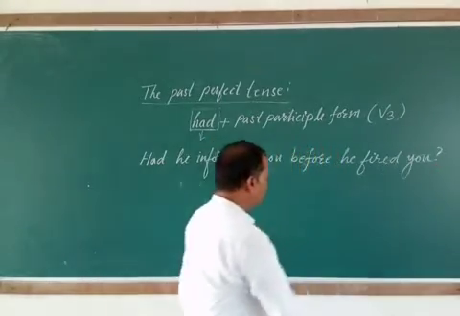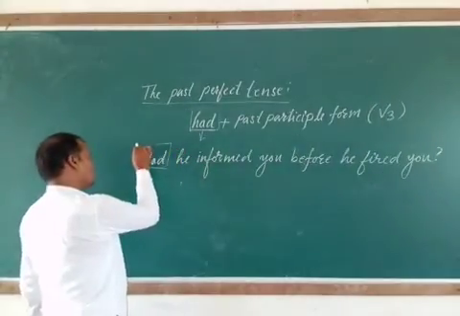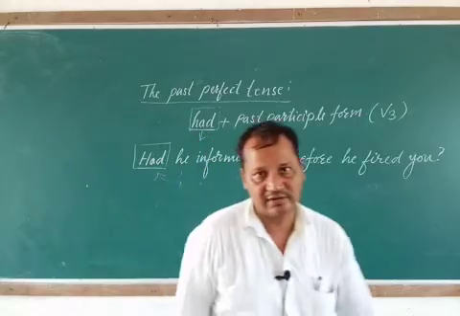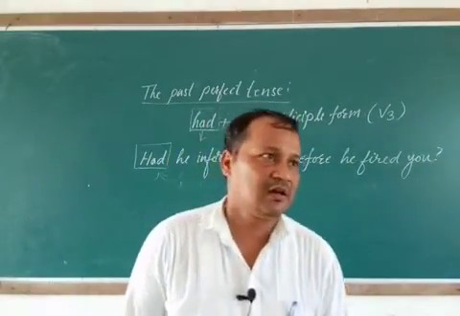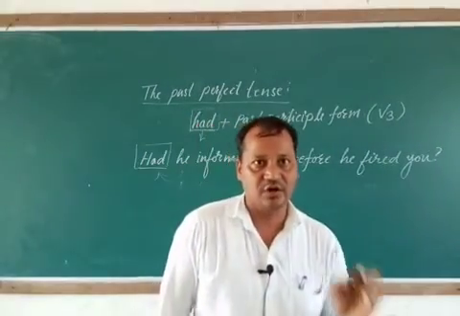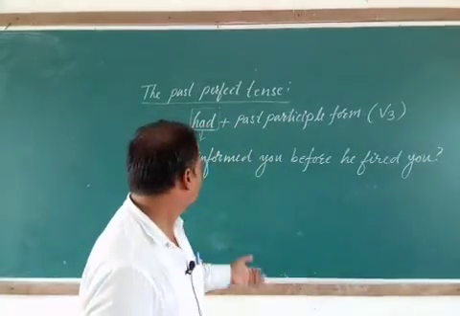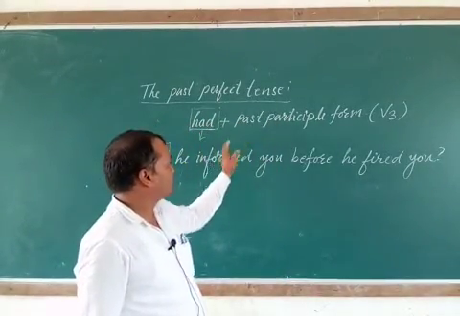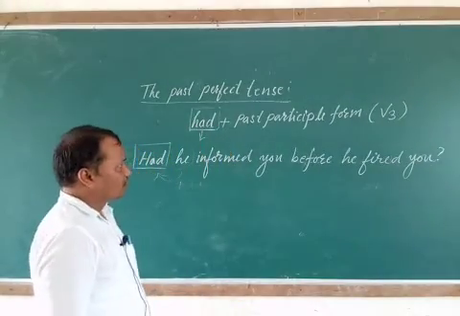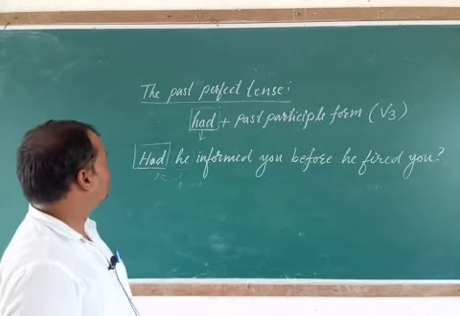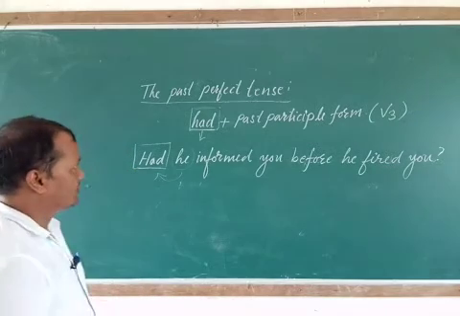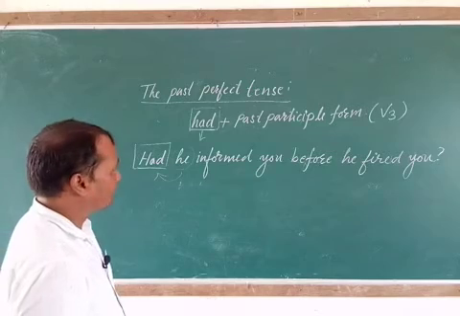It is a question. So we have used the auxiliary verb had before the subject he to make it a question. If we need to add some question word, then we can add the question word first. We will use first the question word, then the auxiliary verb had, then the subject, then the past participle form, and then the object or other words. So I hope now you got the idea where to use past perfect tense and how to construct the sentences in this tense.